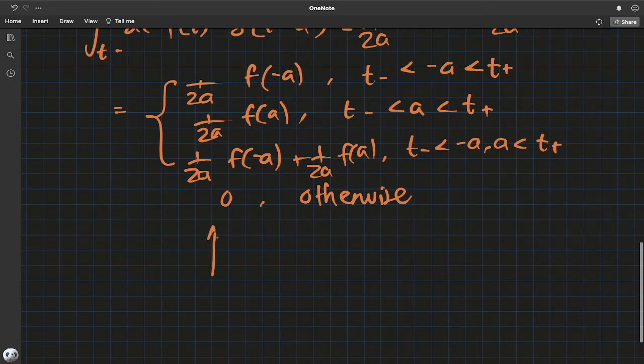This sort of looks like two spikes going to infinity on the graph. If you graph the delta of this quadratic argument, it sort of looks like this.